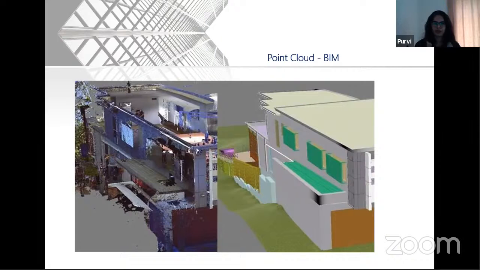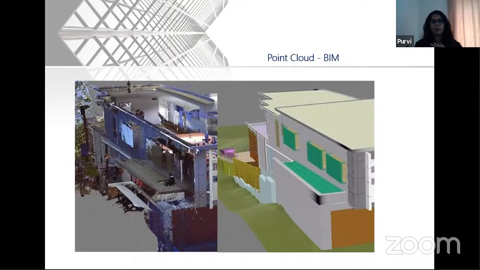On the left side you see the point cloud data, and the right-hand side is the building that is developed through the point cloud. Point cloud is again a very interesting concept, where it actually takes the information of all the depths, all the points that are around the building or over the building.